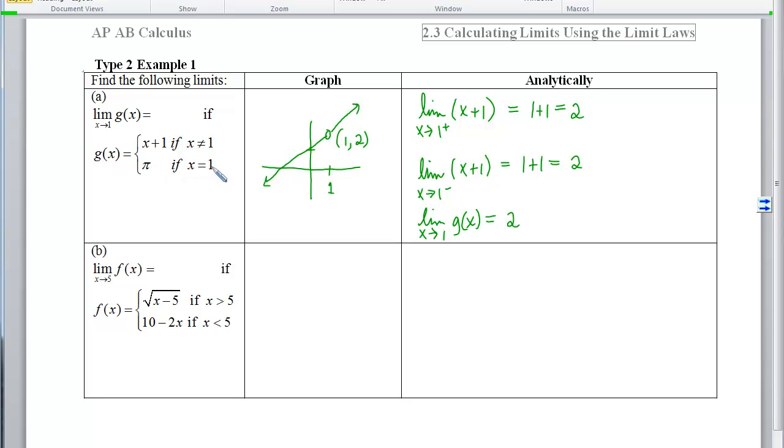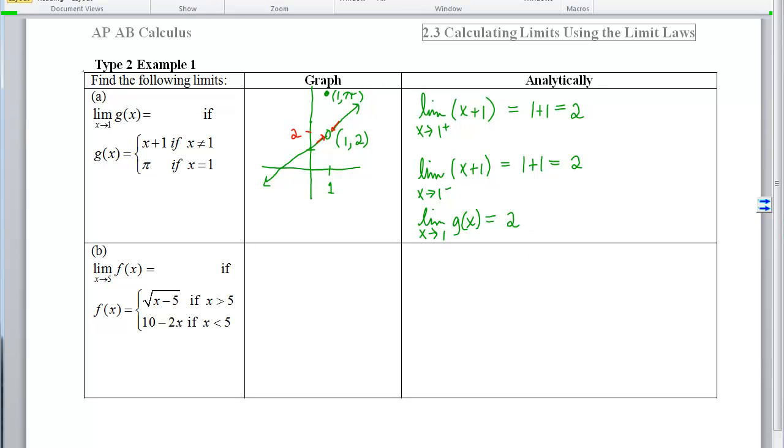Now this branch says when x is equal to 1, I actually get an output of pi. So that means way up here at 3.14, etc. So the graph of my function is going to look like this. But notice if I hop left and right of 1 and travel toward the 1, the y-coordinate I'm getting close to is that 2. So that's why my limit is a 2.